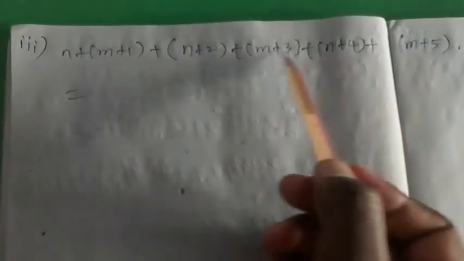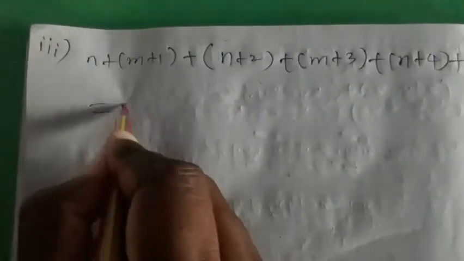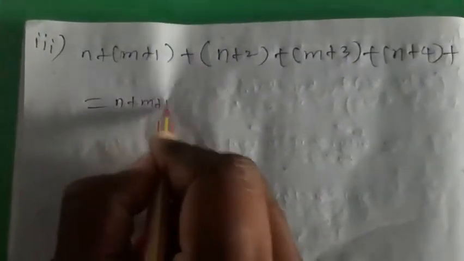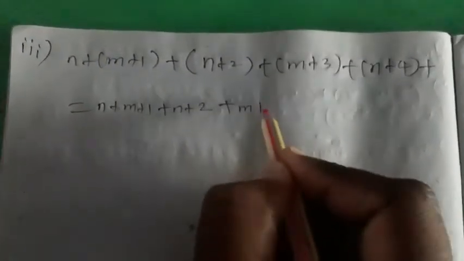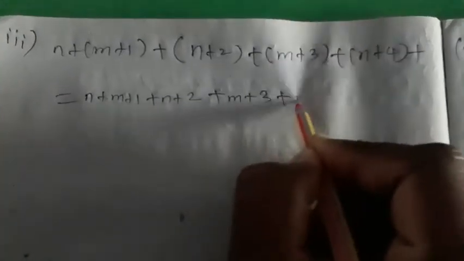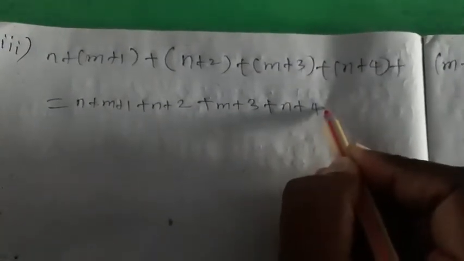So I want to add. First, what are the variables given in the question? n and m. Two variables given and a constant is given. Then first take the variables separately.